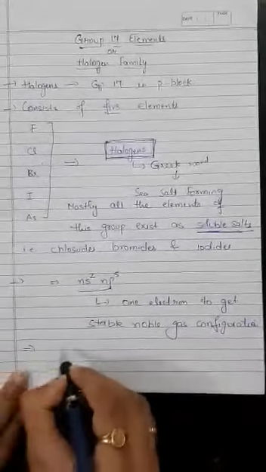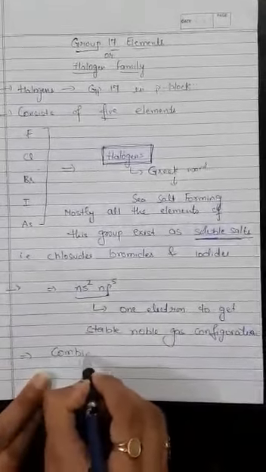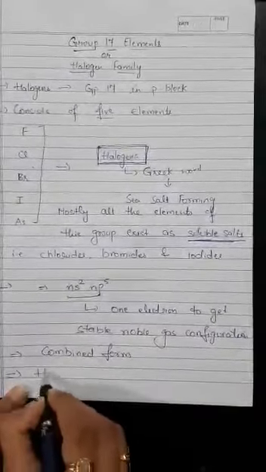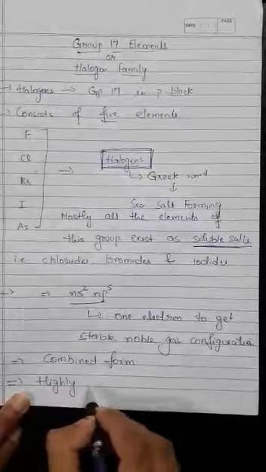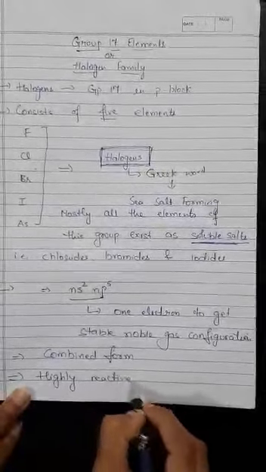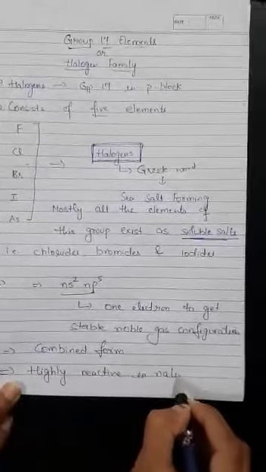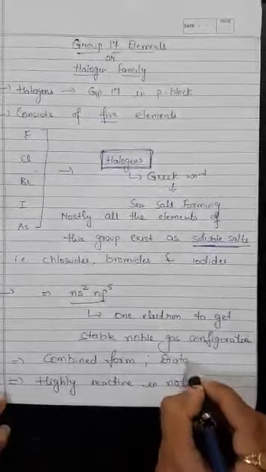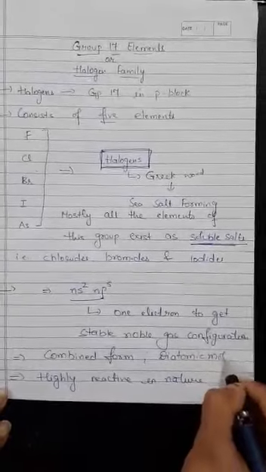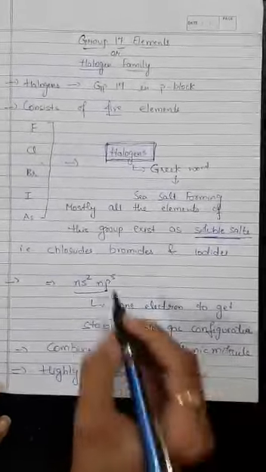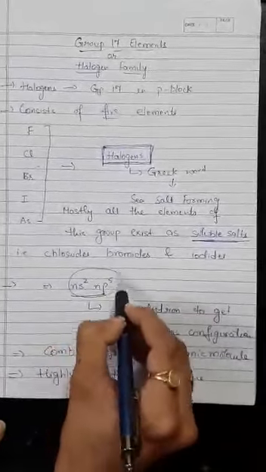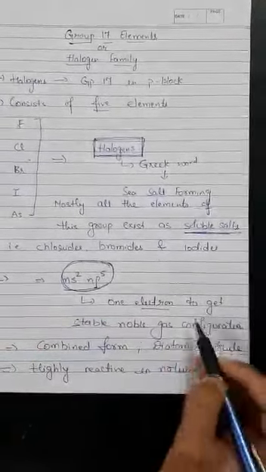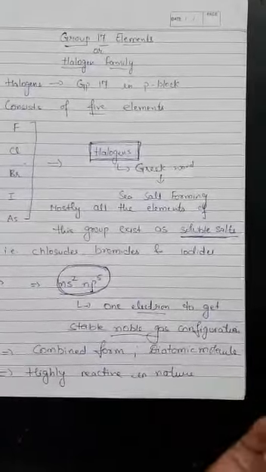Due to this, they always occur in the combined form and are highly reactive in nature, and also exist as diatomic molecules. Why? Only because of this electronic configuration, that is, they just require 1 electron to become a stable noble gas.